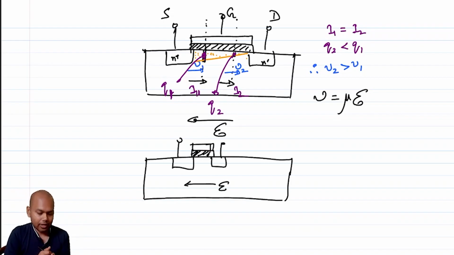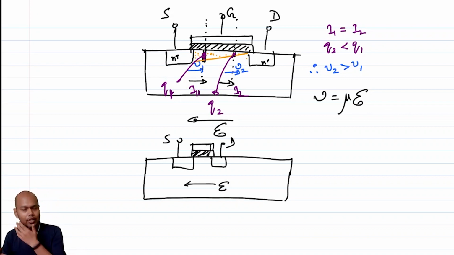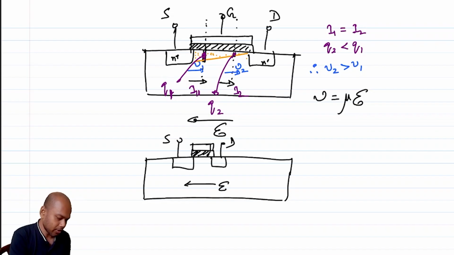And if the electric field around the source side has reached the saturation value, then obviously the electric field at the drain side has also reached the saturation value, which means that the speed of the electron is constant throughout the channel, and the concentration of the electrons is also approximately constant throughout the channel.